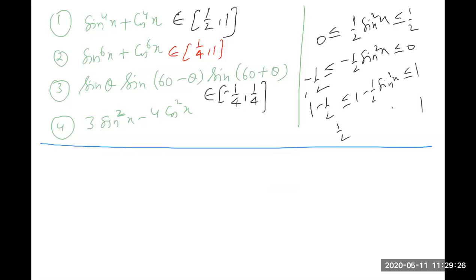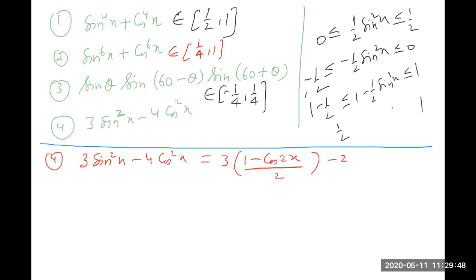So the best method here in this question: 3 sin square x is 3 times 1 minus cos 2x upon 2, minus 4 cos square x is 2 times 1 plus cos 2x.